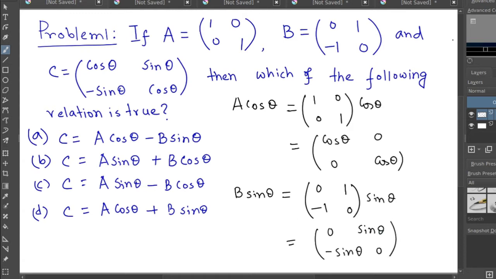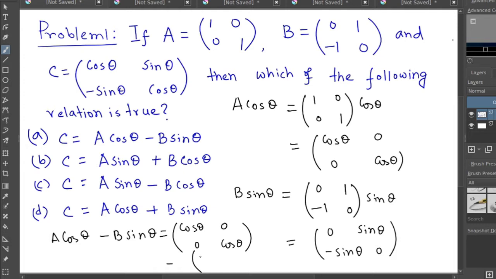Now if we calculate A cos theta minus B sin theta, which is basically this one, cos theta 0 0 cos theta minus this quantity.